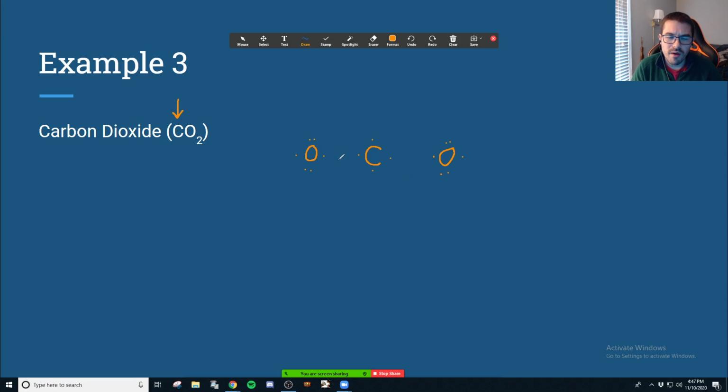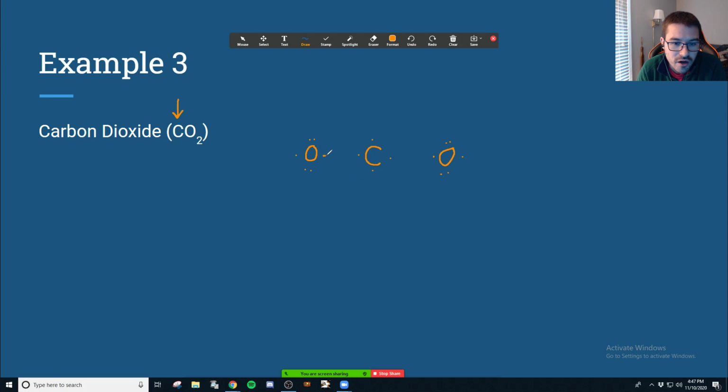Now you might be wondering, this can get a little complicated, right? How do I know how many lines to connect, and is there a systematic method that I can use to solve these problems? And the answer is kind of yes. Think about it. Carbon has 4 valence electrons, and if we're going to get to 8 by sharing, carbon needs to share 4 times.